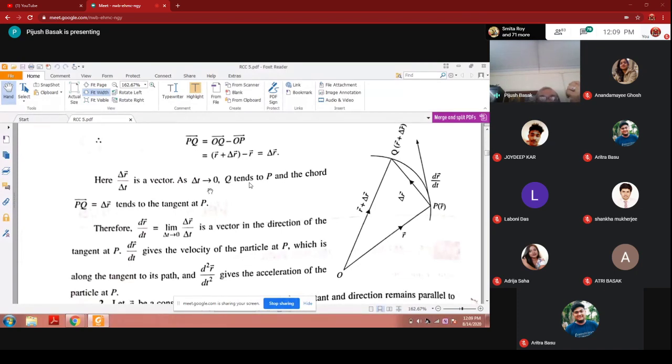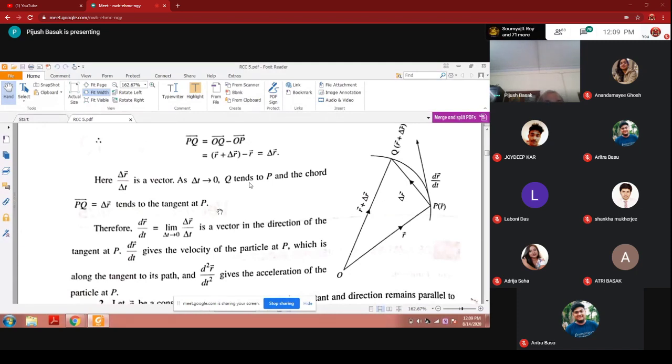If delta t is very small and coming very near to 0, then Q tends to P and the chord PQ will become the tangent at P. This is the basic conception.